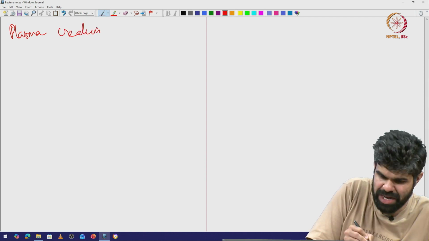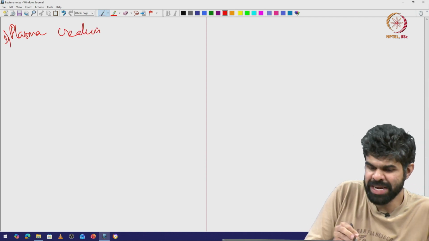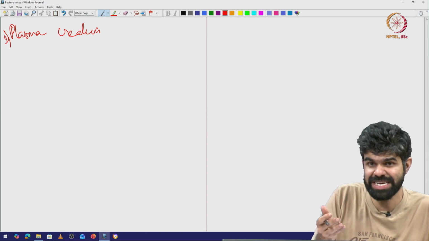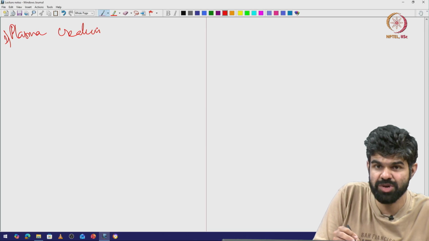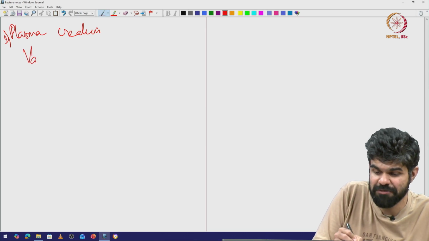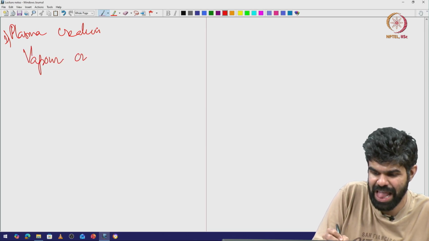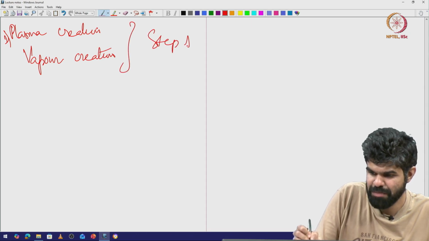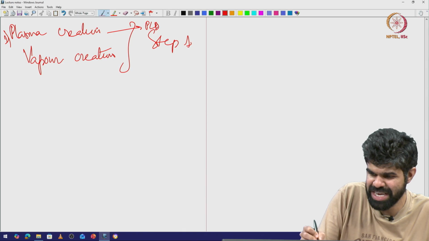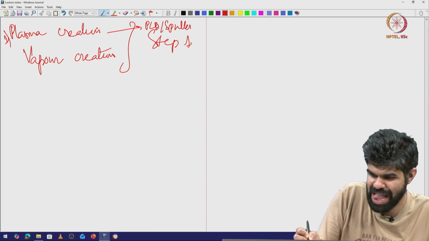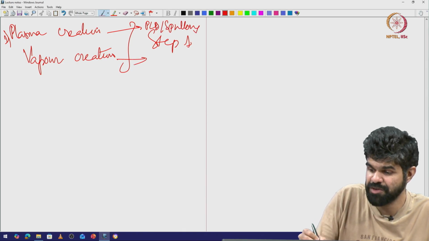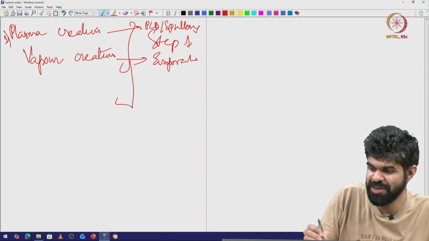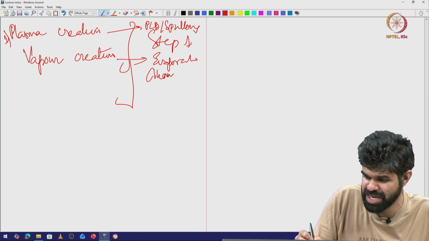This is process 1, or in the case of evaporation, I have to heat the material, heat the target. There is always a target that I am going to heat, so that I create vapor phase creation. This is step 1: plasma creation in the case of PLD or sputtering, vapor creation in the case of evaporation, E-beam evaporation or thermal evaporation.